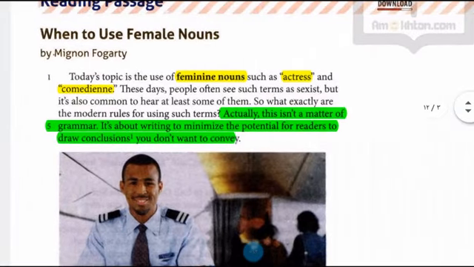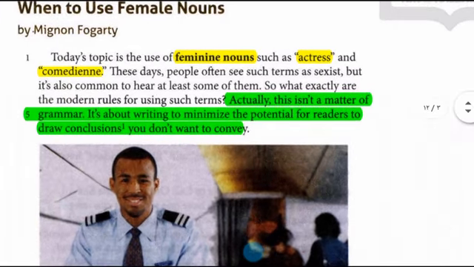Okay, the reading here is about when to use female nouns, for example actress and comedian. Here we are not talking about the grammatical use of these words, but we are talking about minimizing the potential for the reader to draw conclusions you don't want, to avoid misunderstanding.